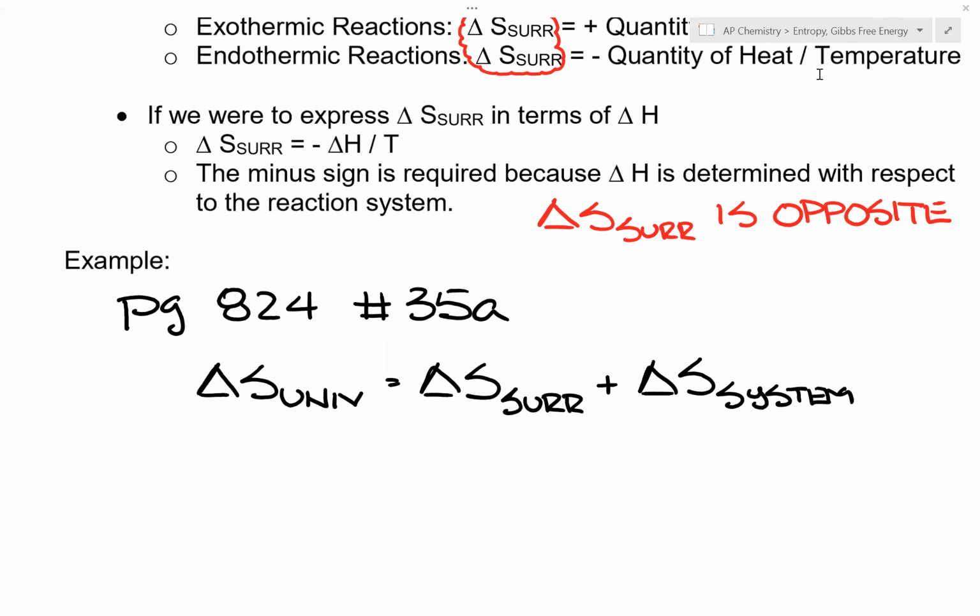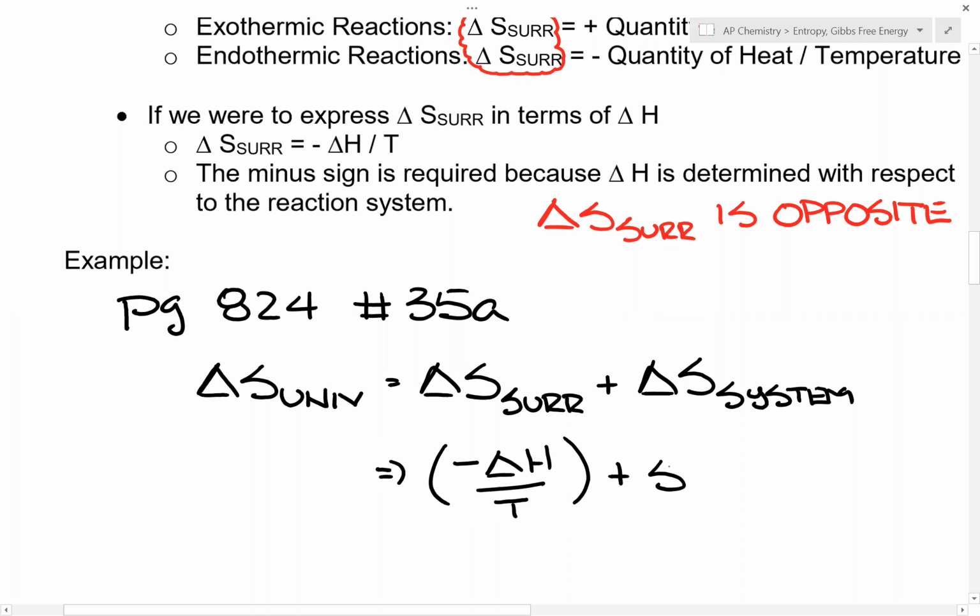All right. So if we're looking at the information there, what do we do to fill it in? Here we have delta S surroundings. We can substitute that to negative delta H over T plus the delta S of the system, in this case, is plus 5.0 joules per Kelvin.